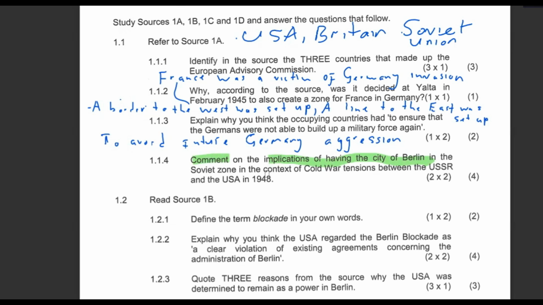All right. If you look at such a question, the Berlin Wall, which the Soviets set up, was actually going to prevent the West from having further influence.